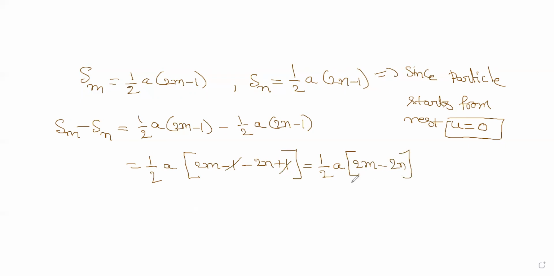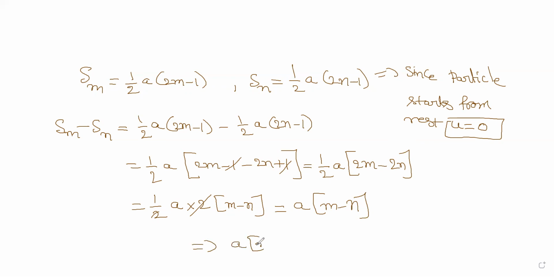Take 2 common once again: half a into 2 times m minus n. So 2 cancels, and you have a into m minus n. Transpose m minus n to the other side: a into m minus n is equal to Sm minus Sn.